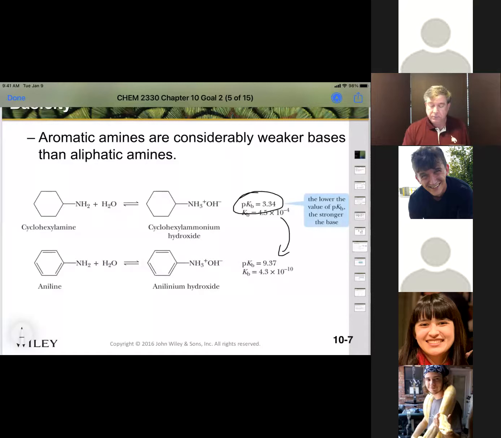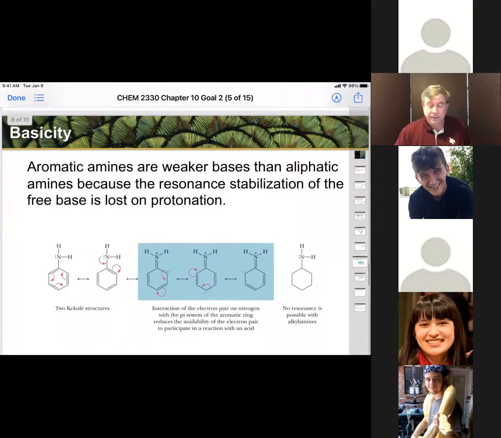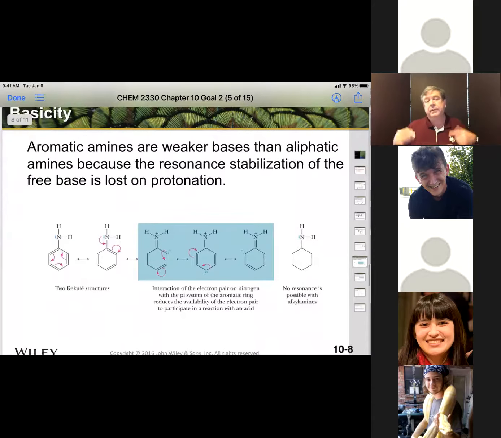Notice that's a whole 6 points difference than with aniline. Okay. The reason that they're less basic is because they can donate part of the electron density of their lone pair to the ring, and it'll move around the ring, making this less likely to reach out and grab protons.